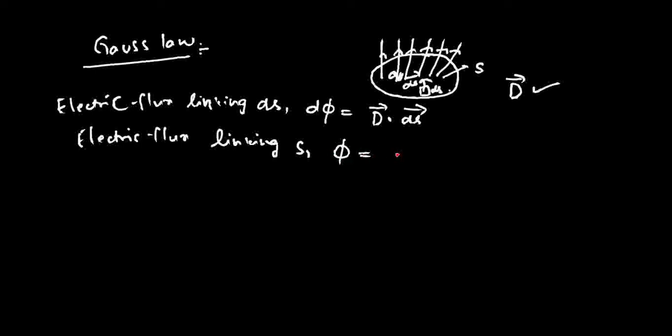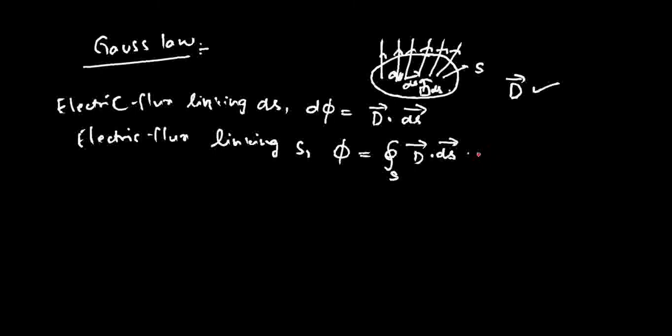Mathematically you can calculate the electric flux linking the surface S, or the number of lines of flux passing through this surface S surrounded by electric charge Q, by taking the surface integral of D bar dot ds. So mathematically we can find the total electric flux linking the surface as the surface integral of D dot ds. Then what is Gauss law?